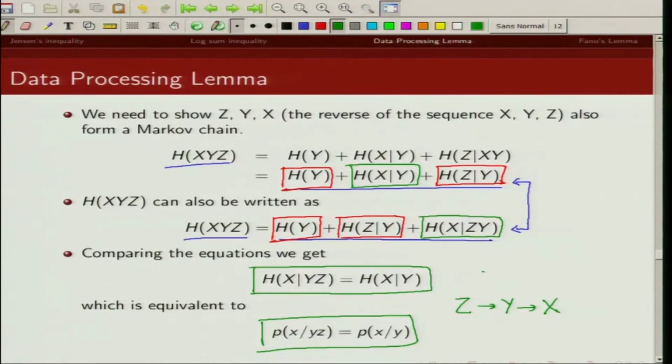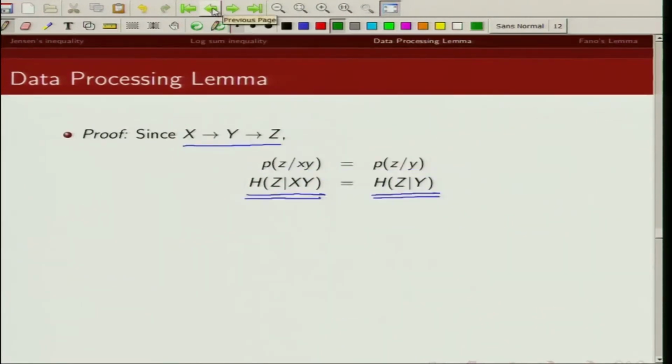So what I have shown you is, if x, y and z form a Markov chain, this also implies that z, y and x also will form a Markov chain, and hence using the proof that we just said before, we can write that mutual information between x and z is less than or equal to mutual information between x and y, and this proves our second result that we had.